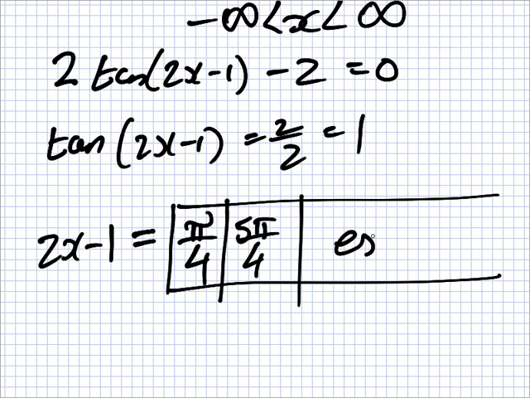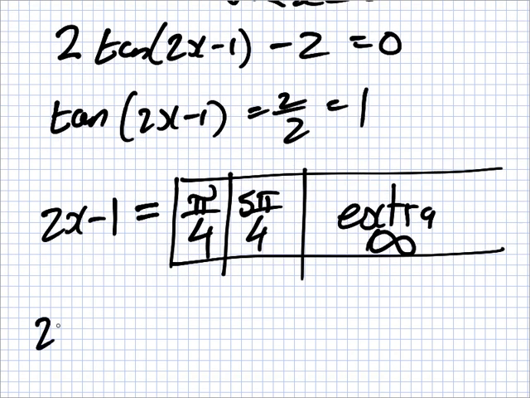Now we can generate the extra answers, and there's an infinite number of them, by adding 2 pi to these two answers. So that would be 2x minus 1 equals pi over 4 plus 2 pi. We could say plus 4 pi, plus 6 pi, and so on. So you could say it's plus 2n pi, n being any integer.